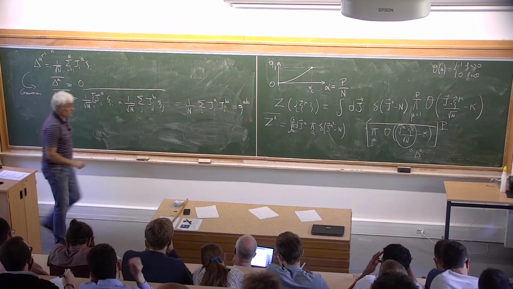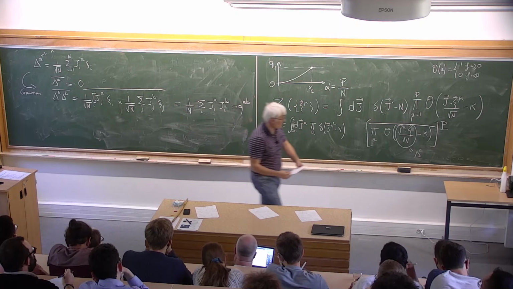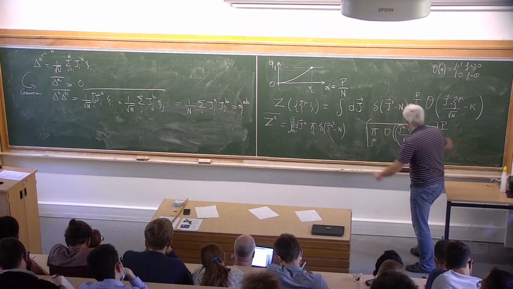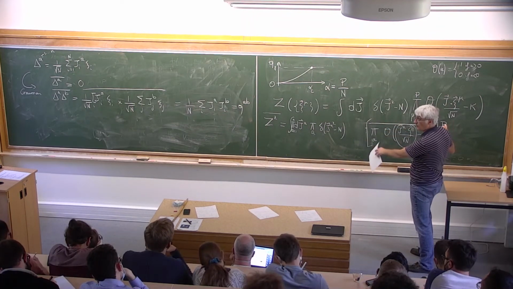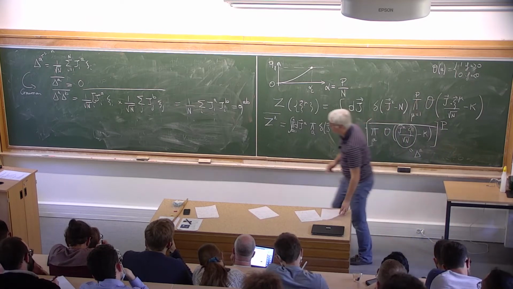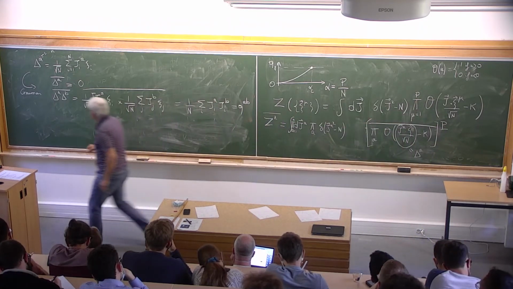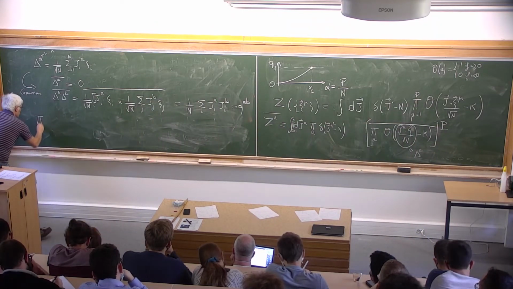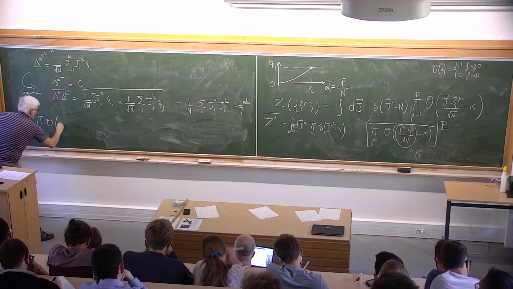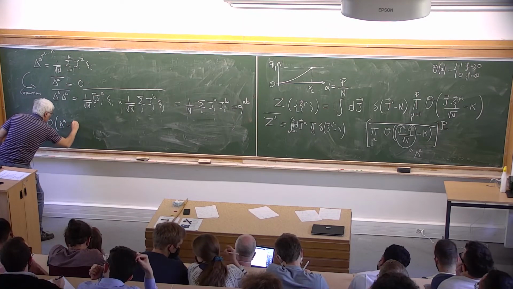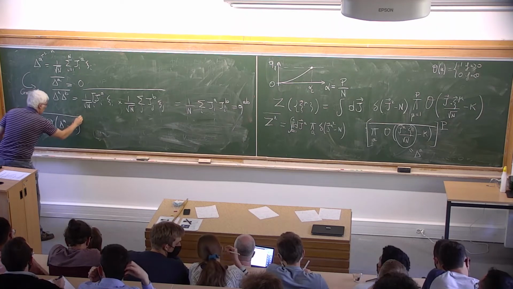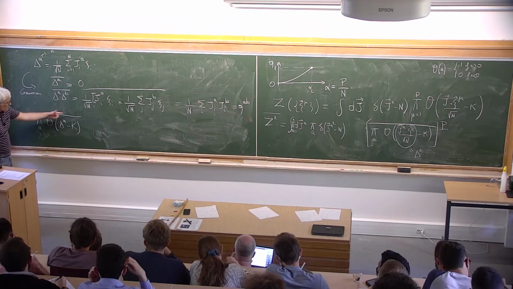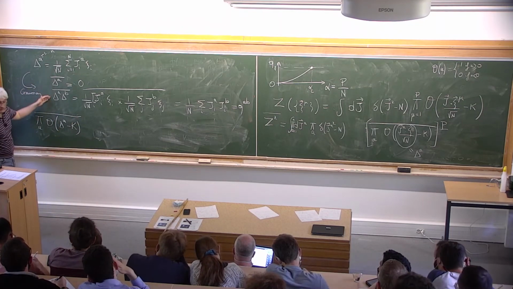Okay, so once we have that, it's easy to write this thing inside the bracket, and then we will elevate it to the power p. So you see that this product over A of the thetas, of delta A minus kappa, I can replace the average over the quenched disorder by the average over this Gaussian distribution.